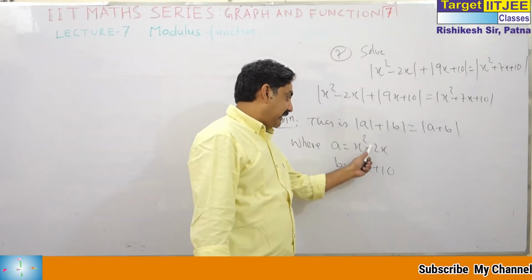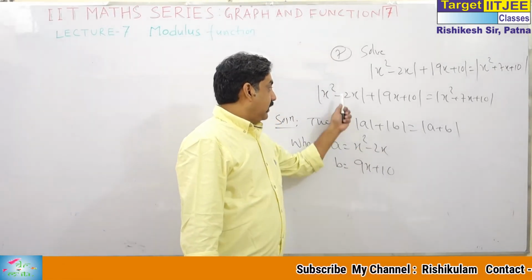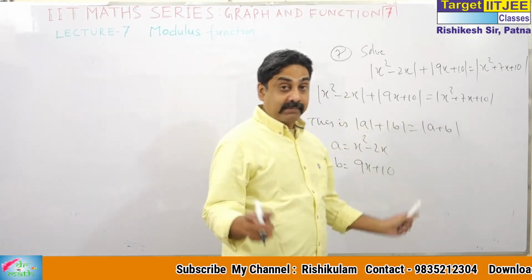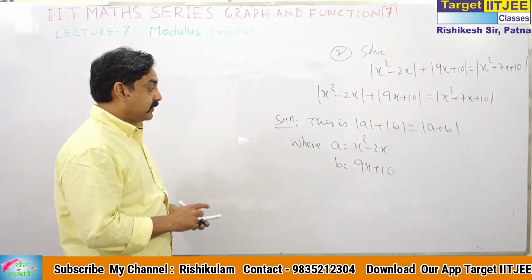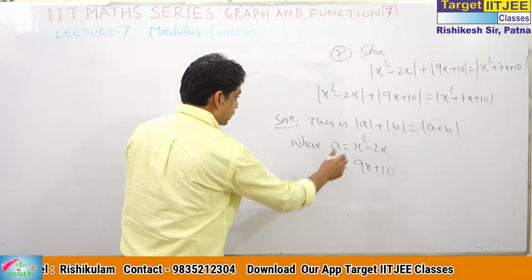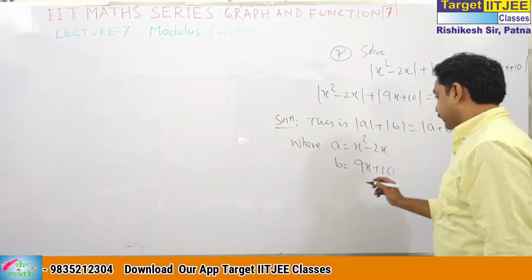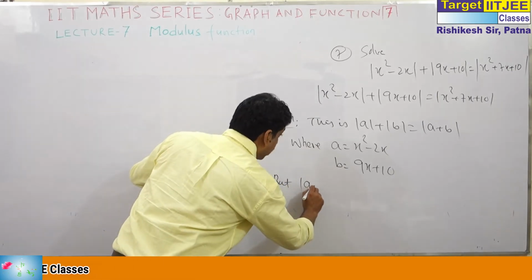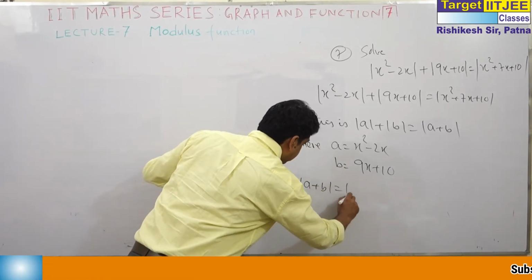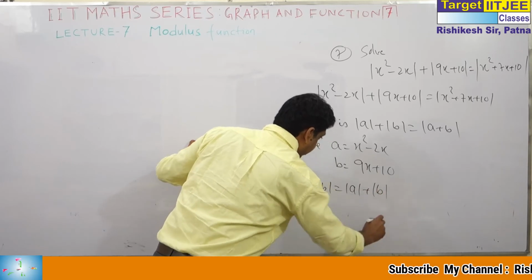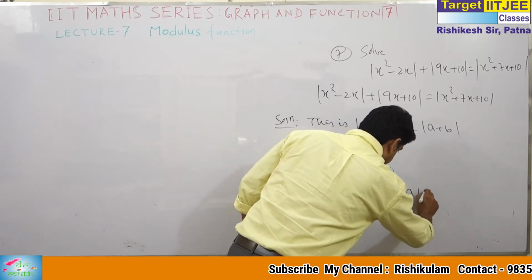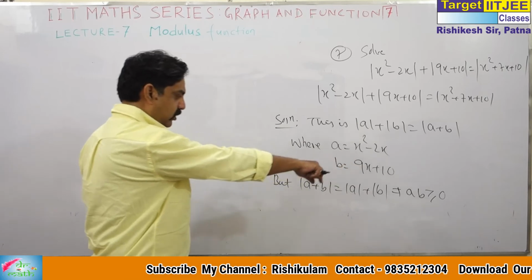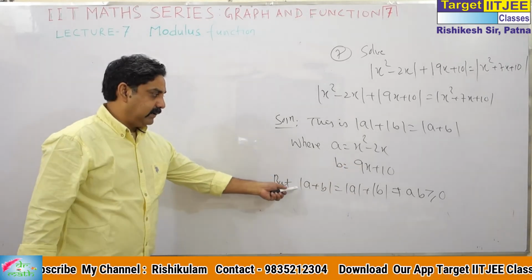Add these two directly and you will get this. So I am setting the data. Now what is the advantage of this? See the property: mod A plus mod B equal to mod of A plus B implies AB greater than or equal to 0. Note property 4 or 5.